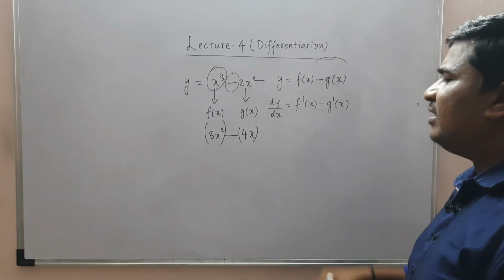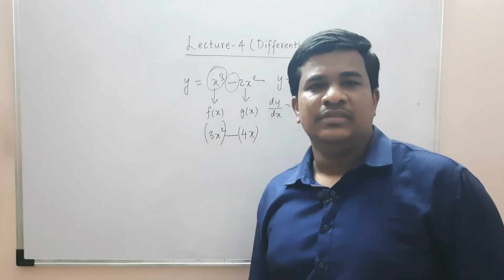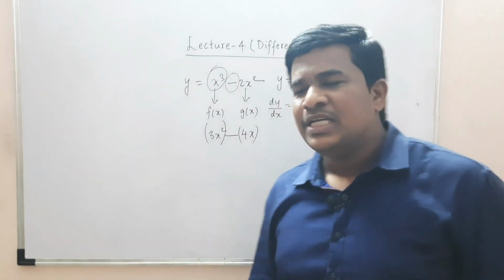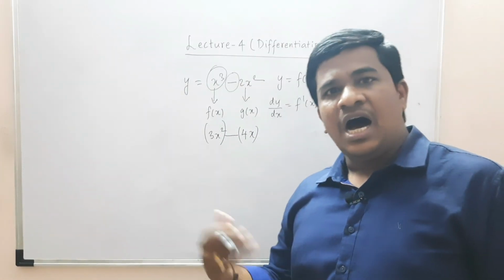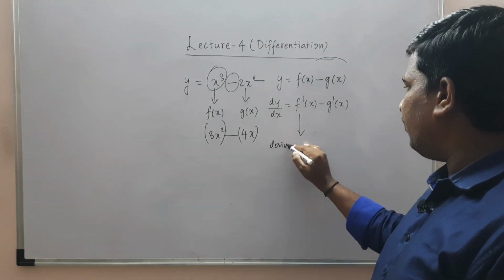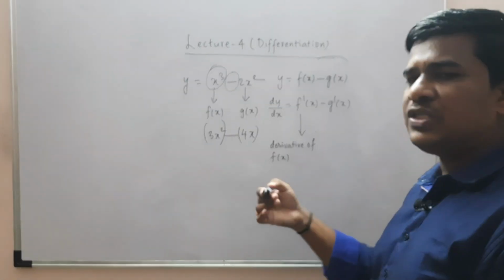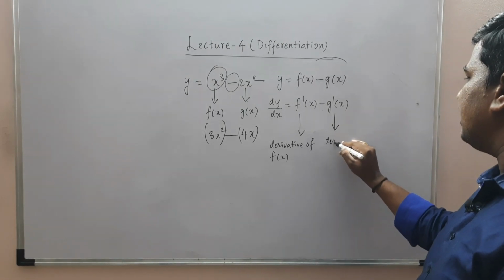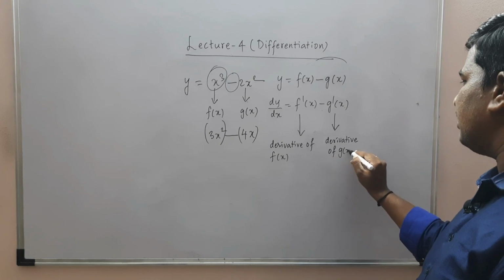Sir, what is f dash x actually? What is g dash x? We are new to it. We are not familiar with it. So the meaning of f dash x and g dash x: f dash x represents the derivative of f of x, with respect to x, and g dash x represents the derivative of g of x.